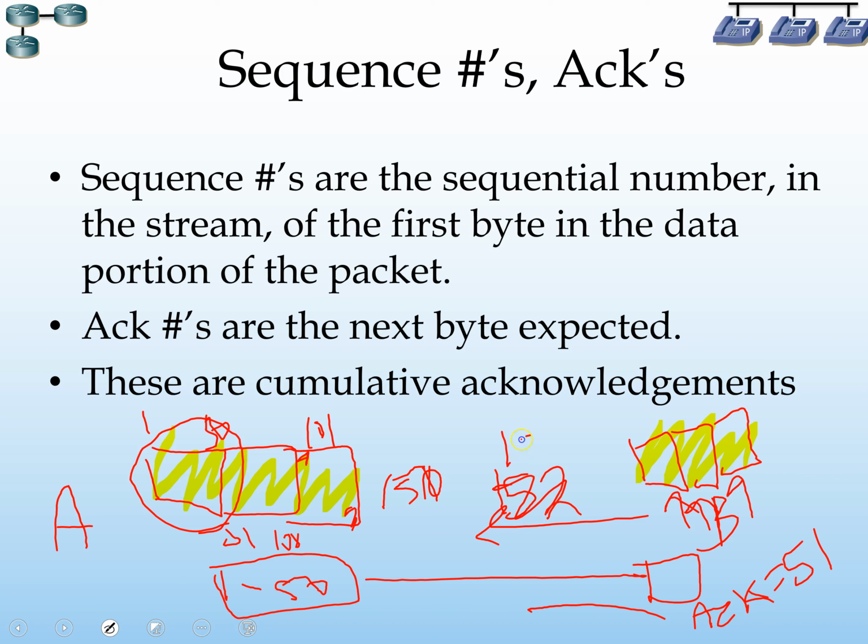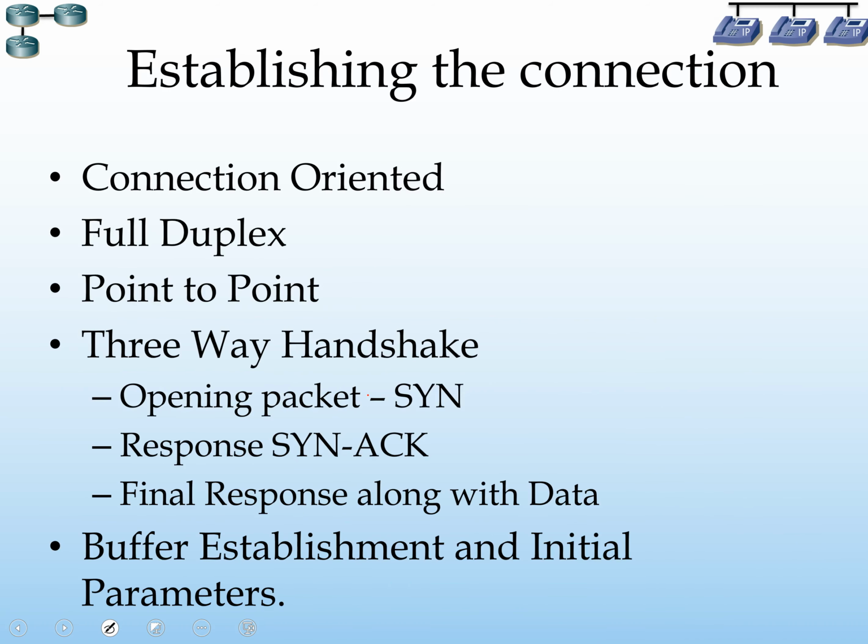And this ACK would be 151. If they all arrive very quickly, he doesn't acknowledge all of them. He can send a single acknowledgement. It's a cumulative acknowledgement. It says, hey, because I'm acknowledging 151, you can know that I've received 1 through 50, 51 through 100, and 101 through 150. So that's what we mean when we say this is a cumulative acknowledgement.